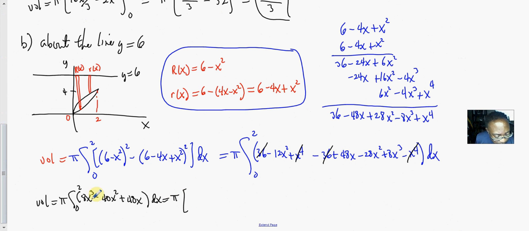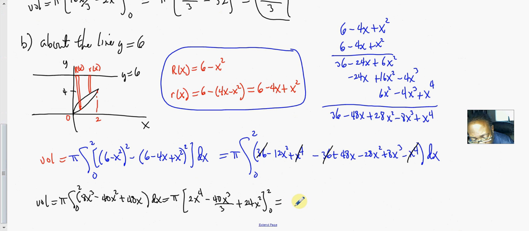So we integrate. So we get 8x to the fourth divided by 4. So that's just 2x to the fourth minus 40x to the third all over 3 plus 24x squared. It's evaluated from 0 to 2.